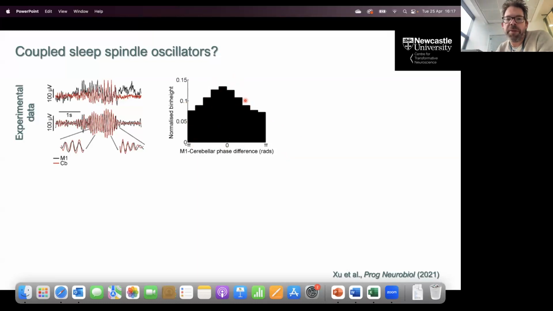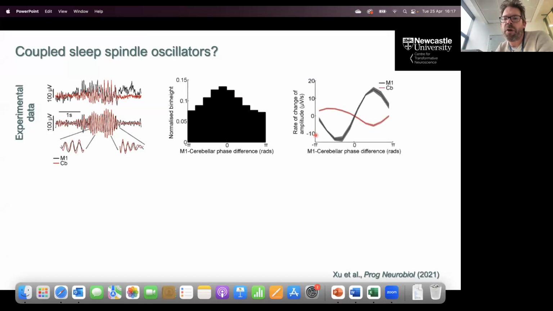And what we found is that the epochs associated with the cerebellum being relatively earlier compared to the neocortex are associated with times where the amplitude of the spindle oscillation in the cerebellum is increasing, and vice versa. So this plot is showing the rate of change of the amplitude of the spindle for those epochs where the relative phase is given along the horizontal axis.